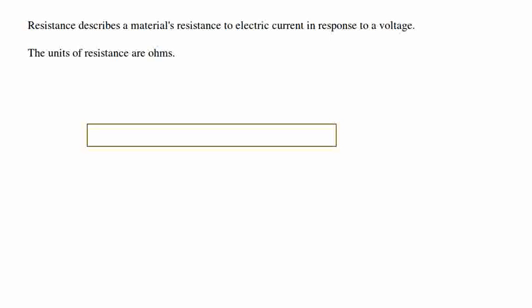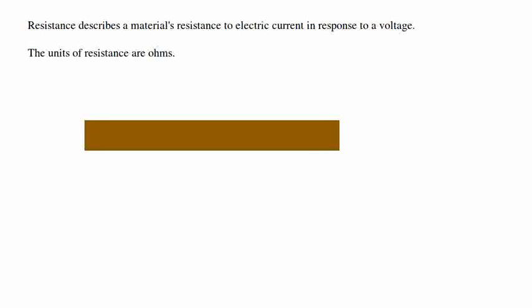And let's say that the resistance of this material was some number of ohms, so I'll denote it by R. And let's say that the voltage difference between the ends of that piece of wire was some number of volts. We'll denote that by V.